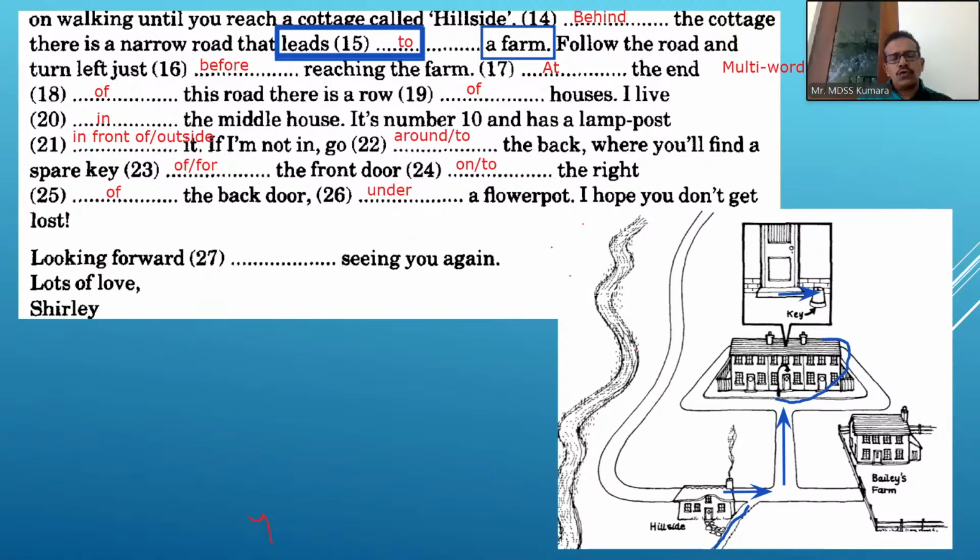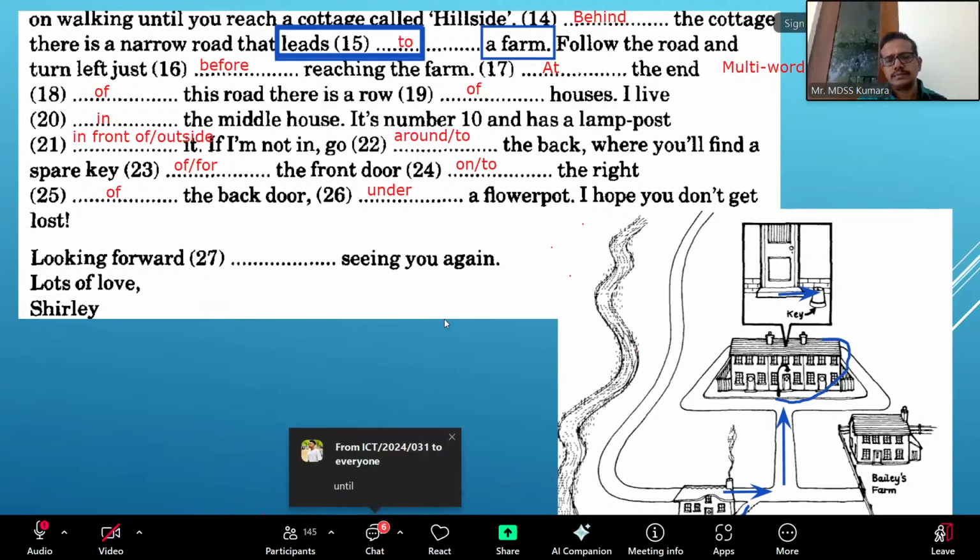Last one, looking forward, blank, seeing you again. For. This is a very common expression, like in emails, letters, and all. What is the preposition we use after look forward? To. Yeah. Okay.